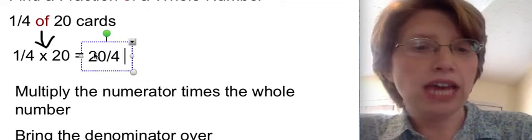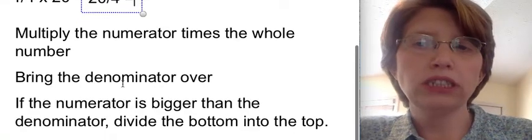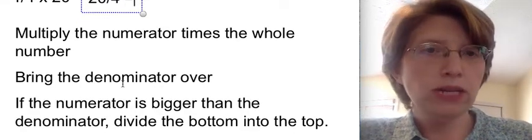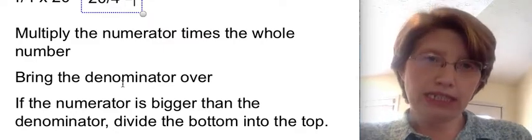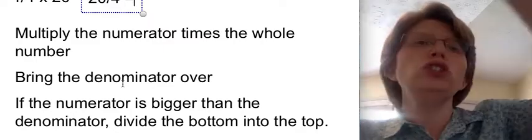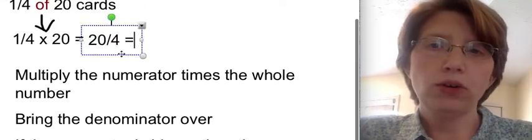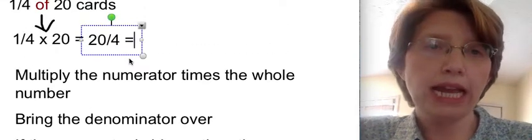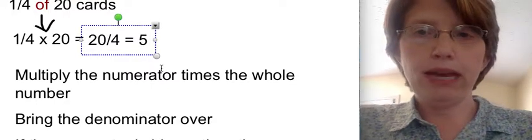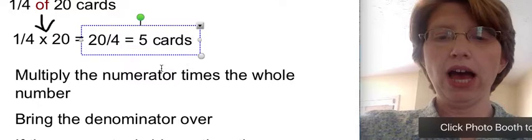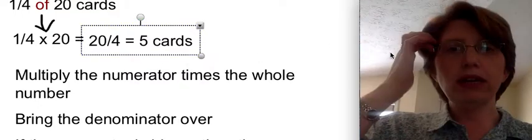Now, to finish, that is an improper fraction. So if the numerator is bigger than the denominator, it's improper, and I need to divide the denominator into the numerator, or divide the bottom into the top. So in this case, I would divide 20 by 4, which would give me 5. So for word problem's sake, it would be 5 cards that you would be giving me.